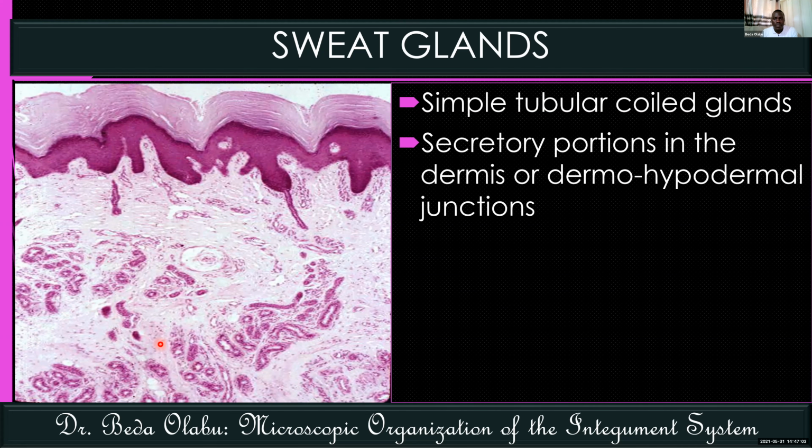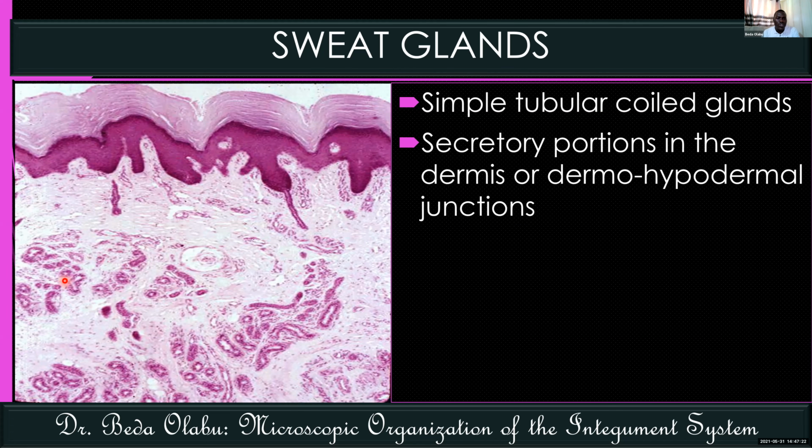They have a secretory portion as well as a ductal portion. The ductal portions are these ones which are crossing the dermis to go to the epidermis. The secretory portions are these ones which have been cut in cross-section.